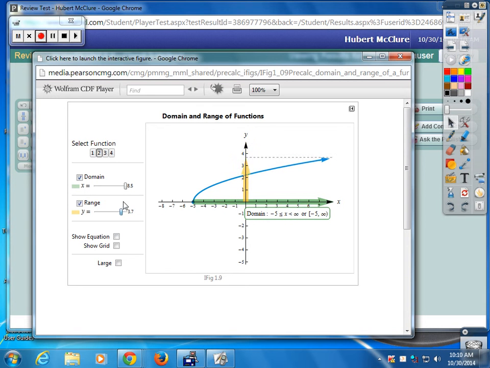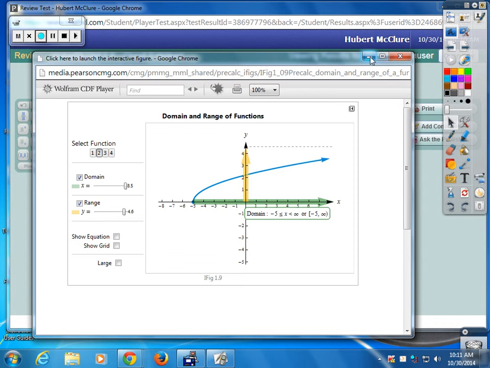Because what have you got on the end of the graph? An arrow, or an arrow, depending on where you're from. So that means it keeps on going. So you know your x values are going to keep on going, and your y values are going to keep on going. So your domain is from 0 to positive infinity.